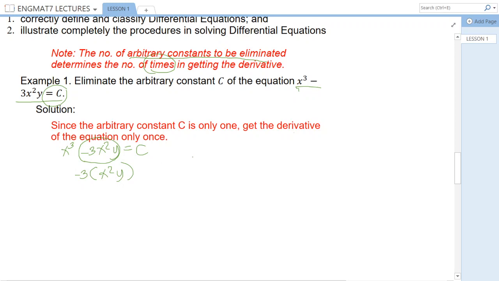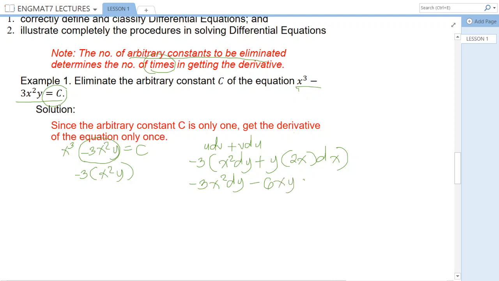The product rule is u dv plus v du, so that is negative 3 times x squared dy plus y multiplied by the derivative of x squared, which is 2x raised to 1, in dx. Simplifying further, it becomes negative 3x squared dy minus 6xy dx, distributing negative 3.